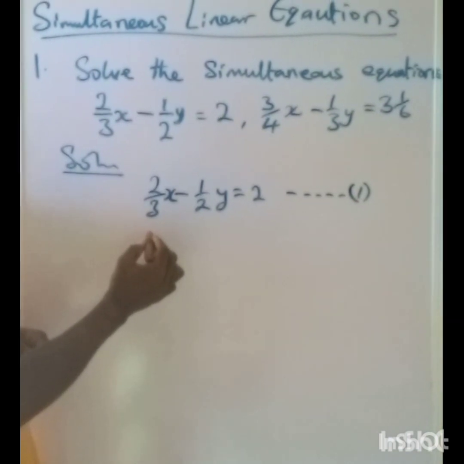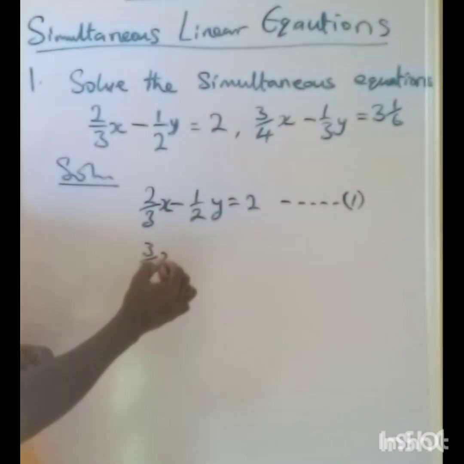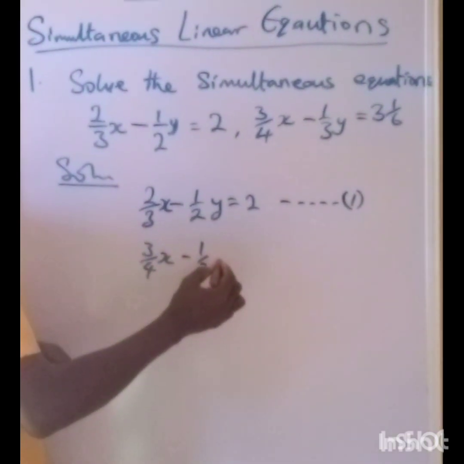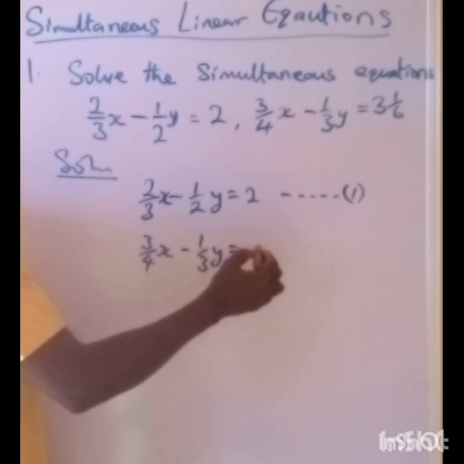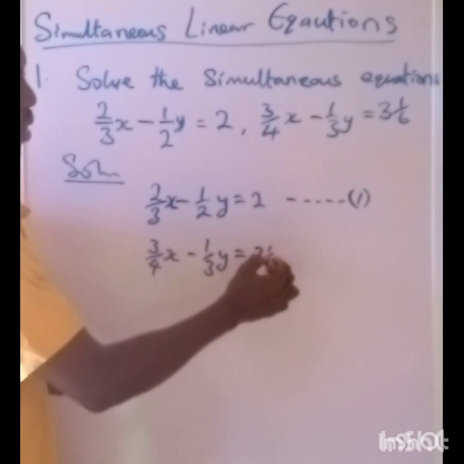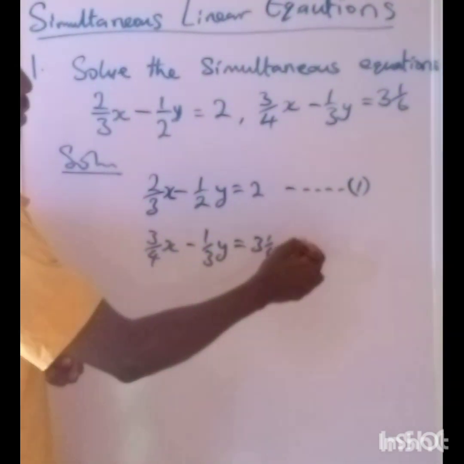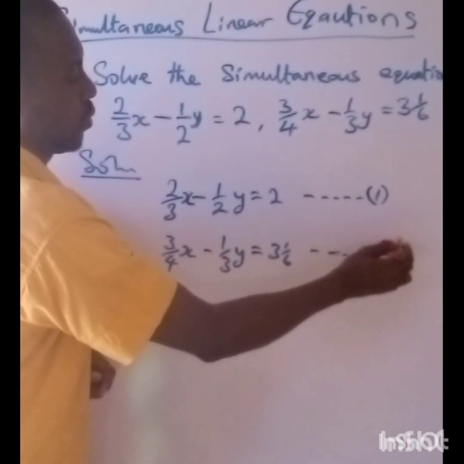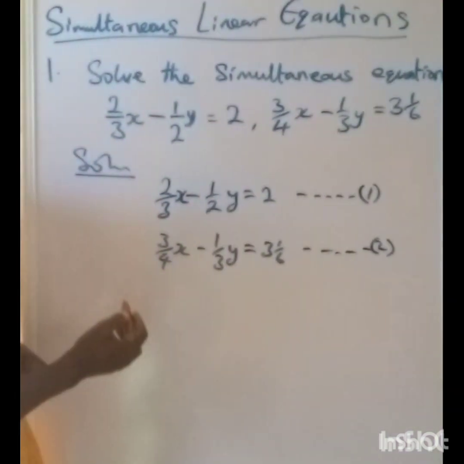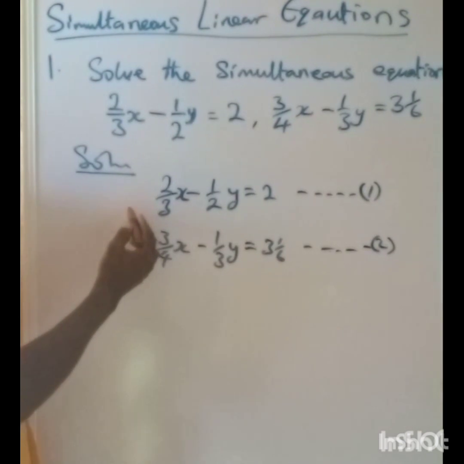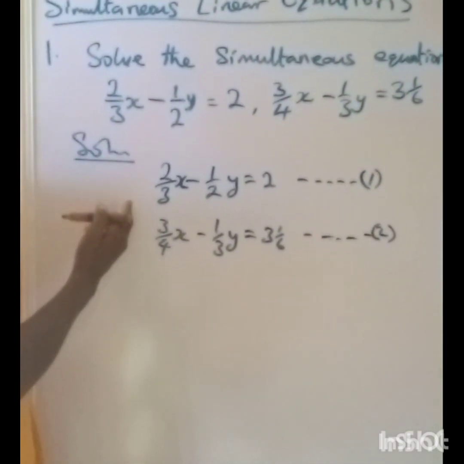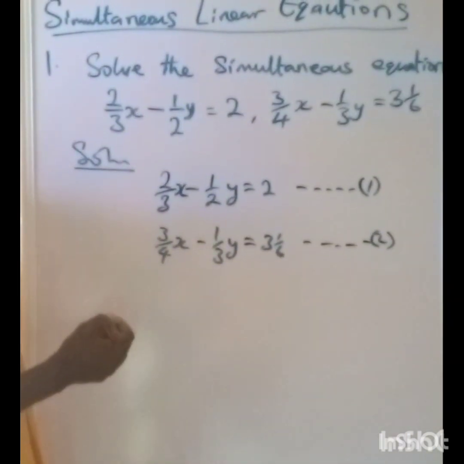The second equation, which is 3 over 4 x minus 1 over 3 y equals 3 whole number 1 over 6, we'll call equation 2. Now, we'll clear all the fractions and make sure it remains just straight linear equations.